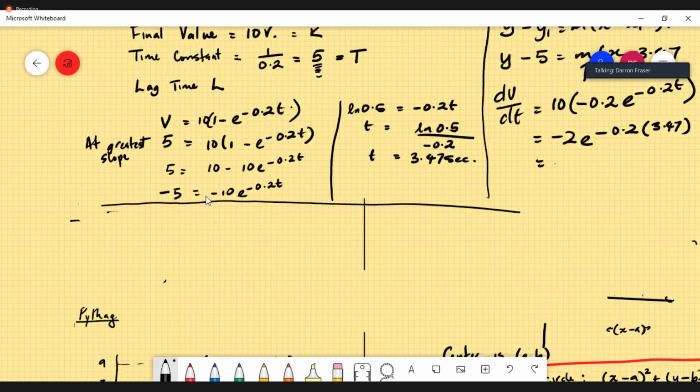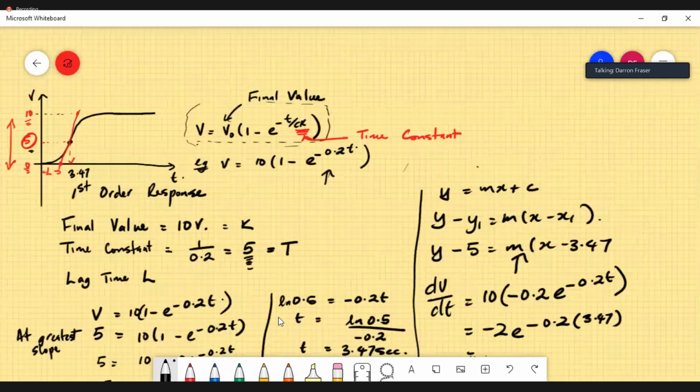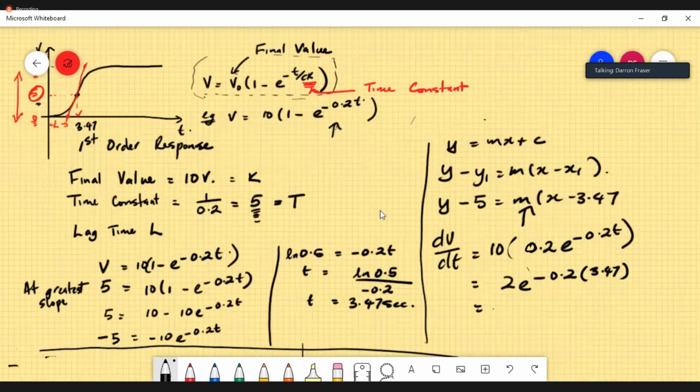Something is amiss. The reason why I say something is amiss is because this line has a positive slope and we're getting a negative slope. Differentiate 1 minus. Oh, yeah, this is supposed to be plus. So when you change the sign, it is going to be equal to what? 1?